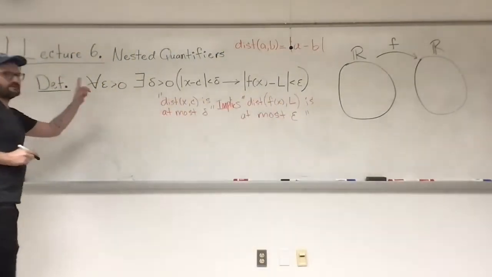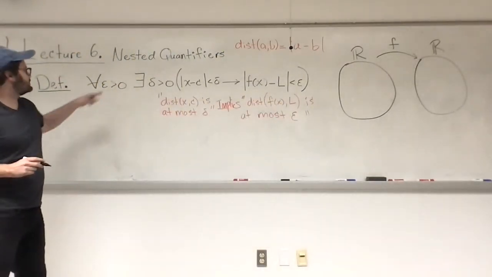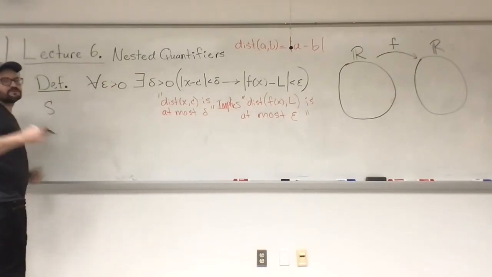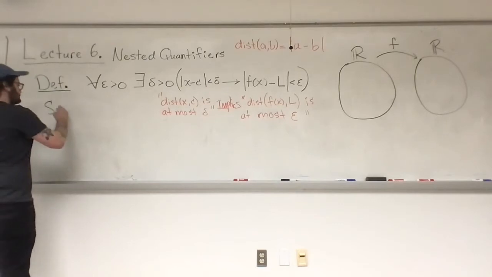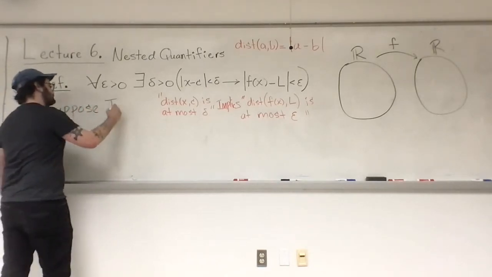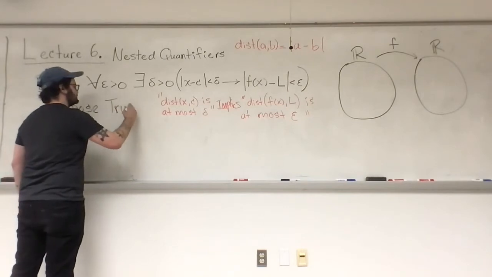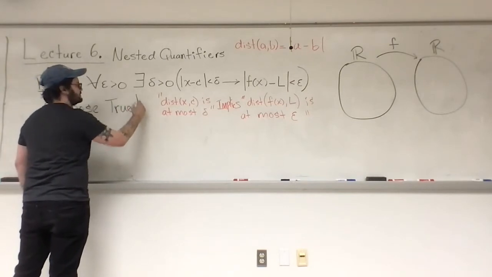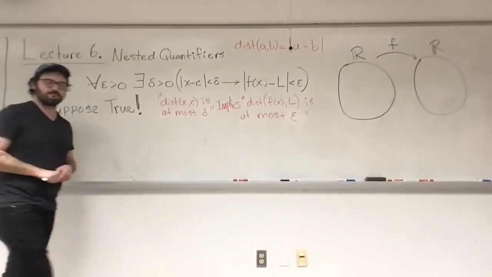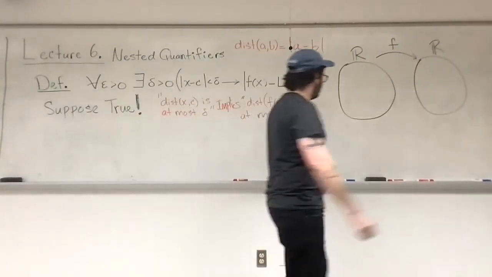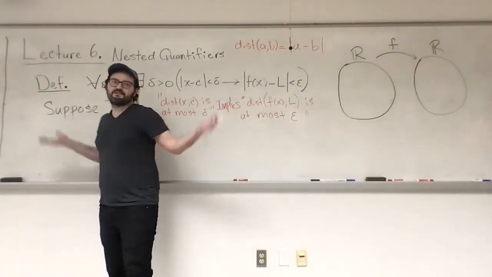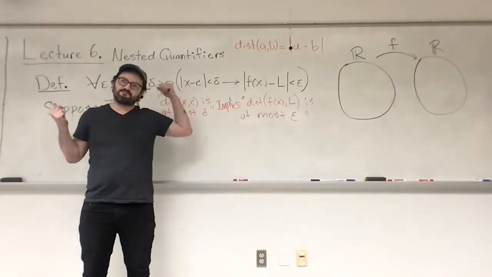in order to understand this definition, let's suppose this is true. Like suppose that that's a tautology, right? And just see if we can gain any information about what it's trying to say. Well, if it's true, that means I can pick any positive number I want to start off in understanding it.